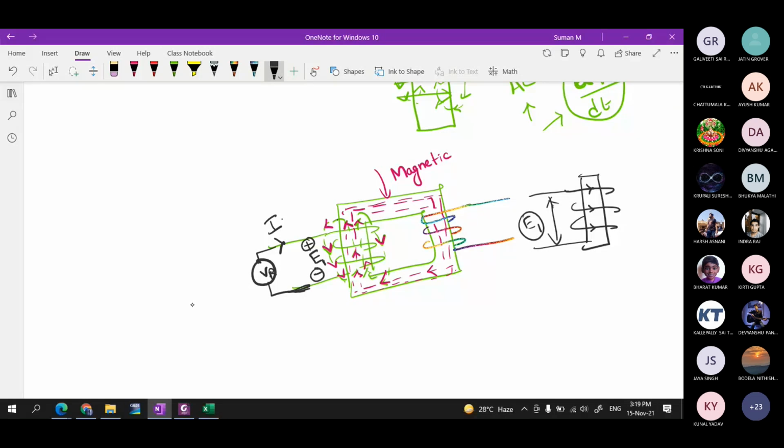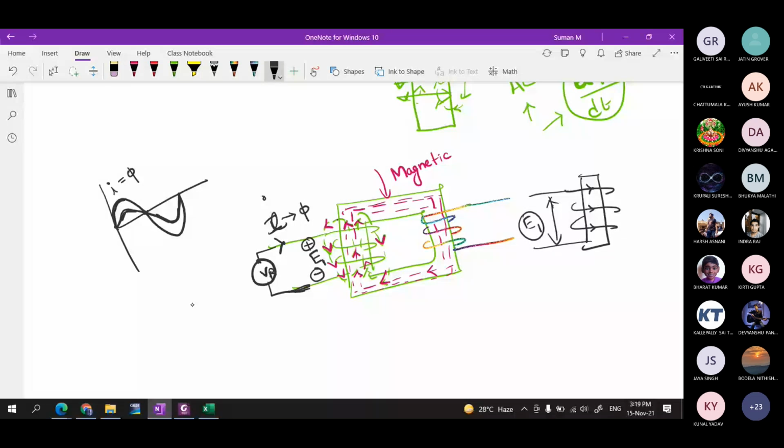If you plot this, let us consider it as instantaneous, this will be I and this will be the flux. Both I and flux waveforms will be the same in phase. The magnitude of the flux and current may differ, but both will be taking the same kind of path. In other words, the phase difference between these two waveforms is zero.